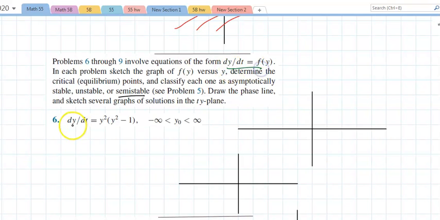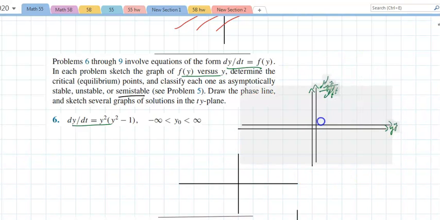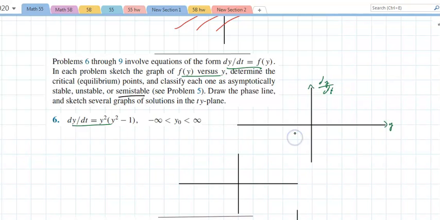dy dt is given. Sketch a graph of f of y. That's f of y, and that's y, and let me line that up properly. Right there. And the same deal, if I set this equal to 0, that is a 0 right there. And this is y minus 1, y plus 1, so here we are.